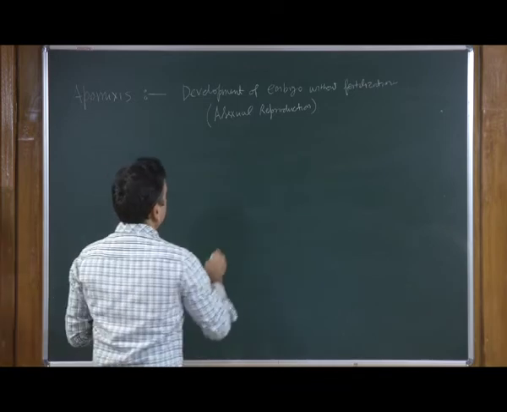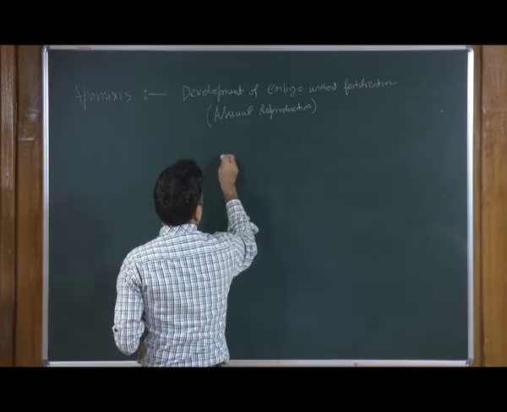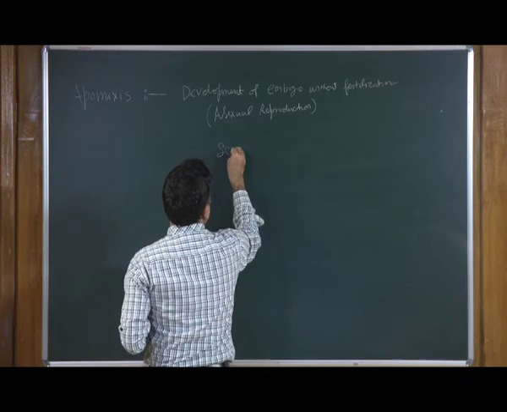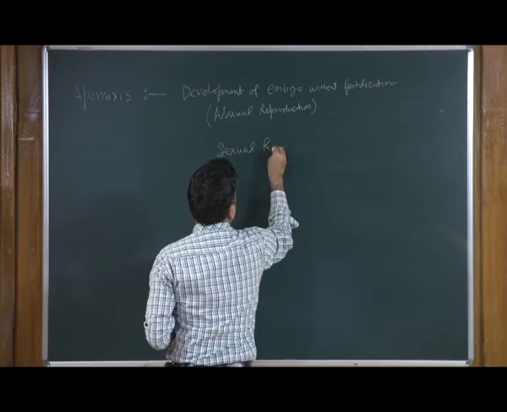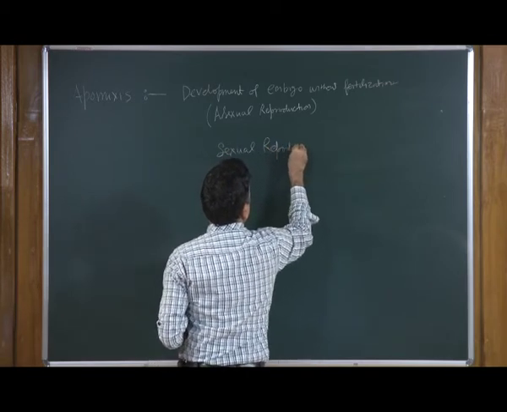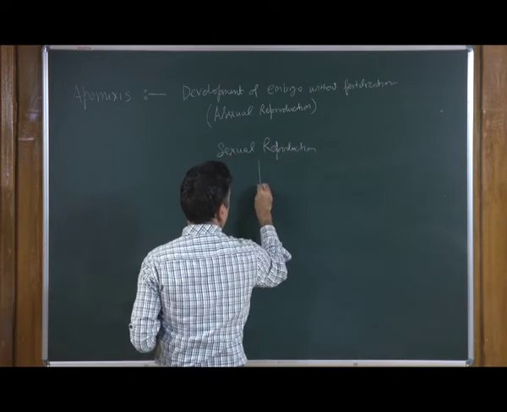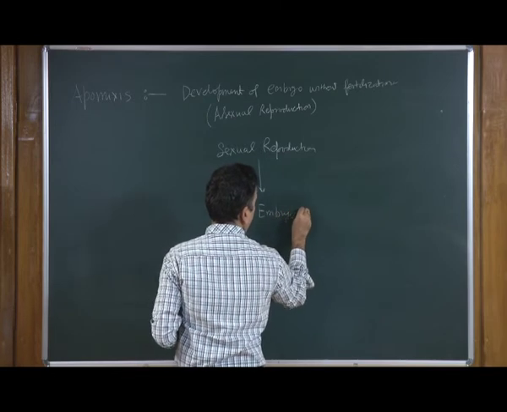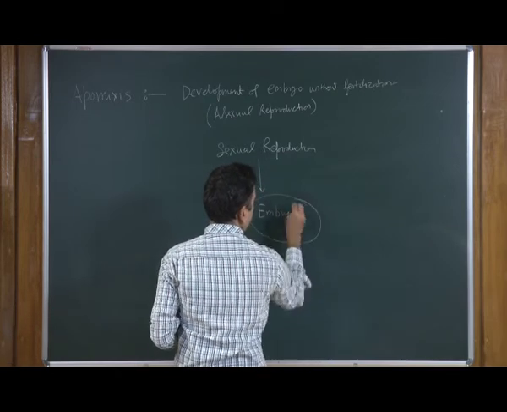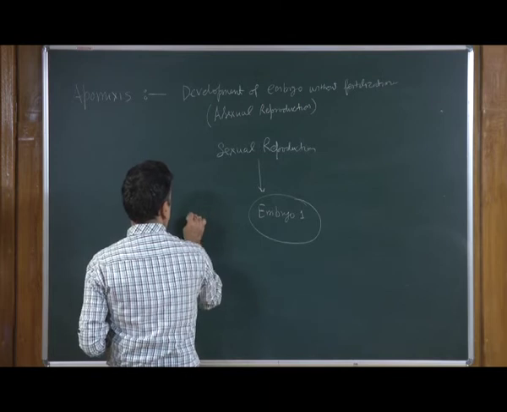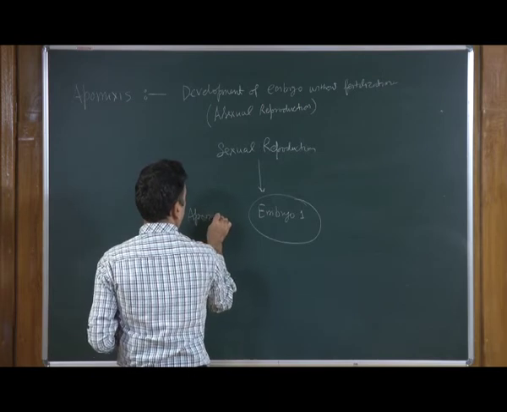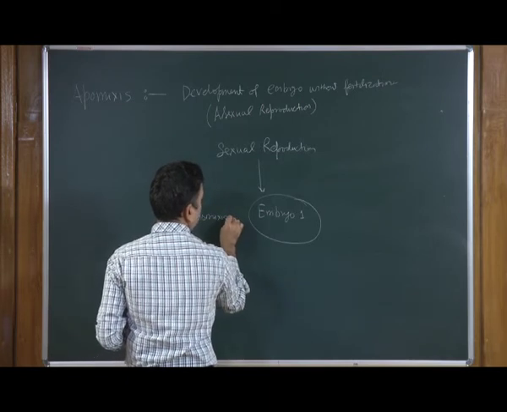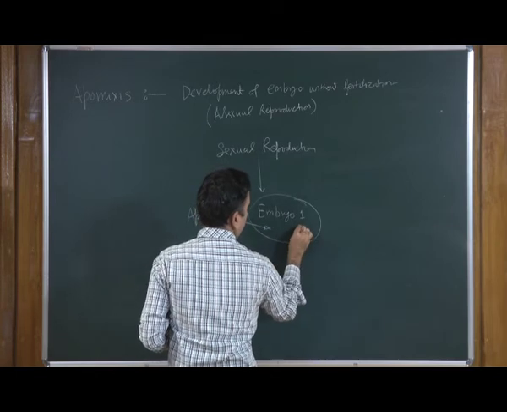You can imagine that a plant going for sexual reproduction develops embryo 1 within the embryo sac, and if the same plant goes with apomixis, it develops embryo number 2.